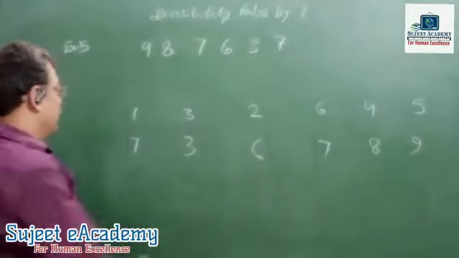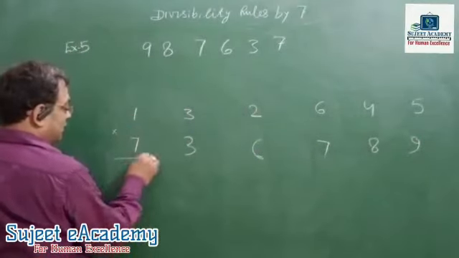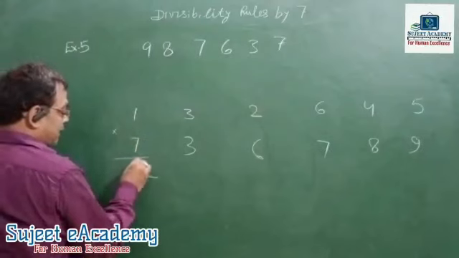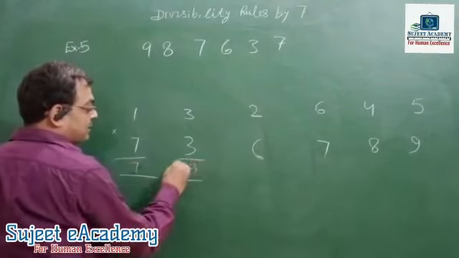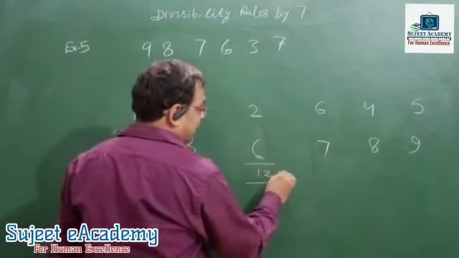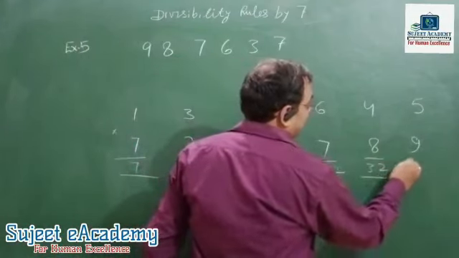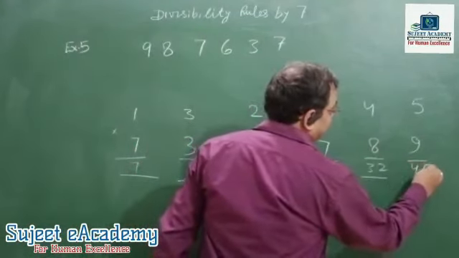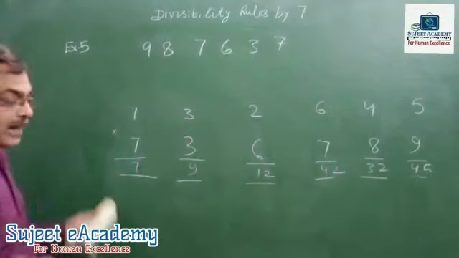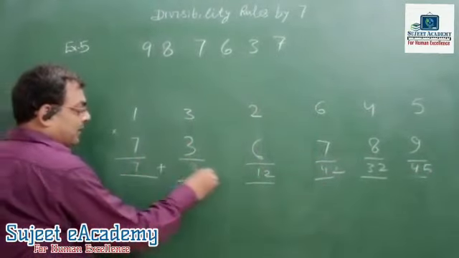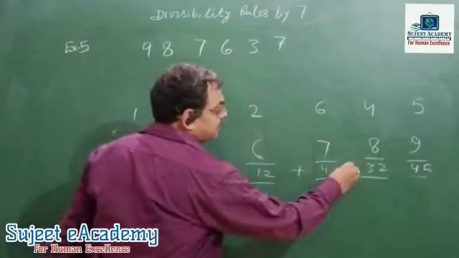After that, you multiply these two. 7 times 1 is 7. This one is 9. This one is 12. This one is 42. This one is 32. And this one is 45. After that, you sum up all these numbers.